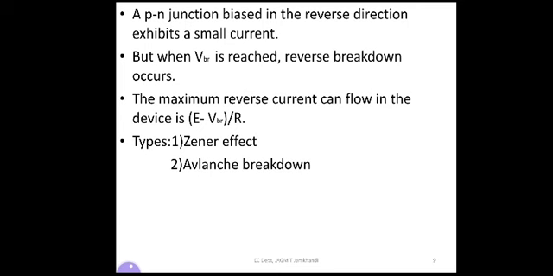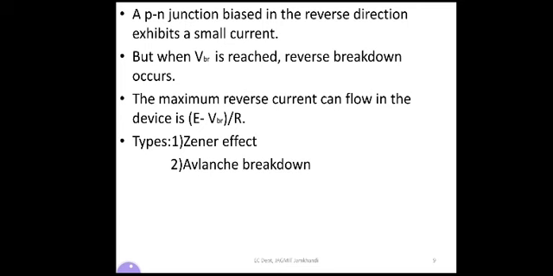Reverse breakdown can occur by two mechanisms, both of which require a critical electric field in the junction transition region. The first one is the Zener effect and the second one is avalanche breakdown. These take place in the reverse direction.